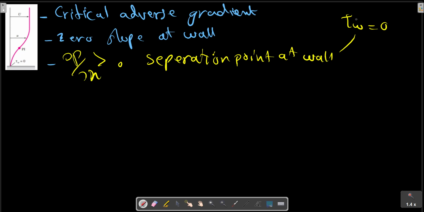In the last case, the boundary layer thickens greatly and the main flow breaks away or separates from the wall.